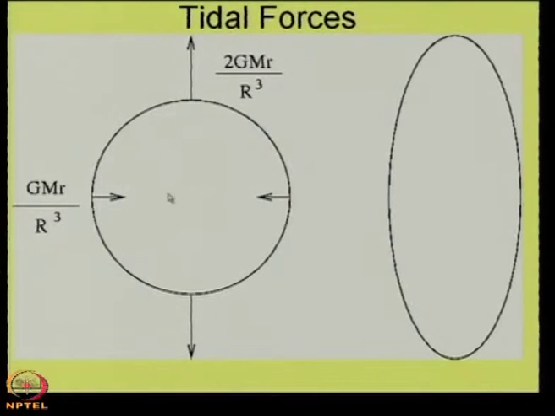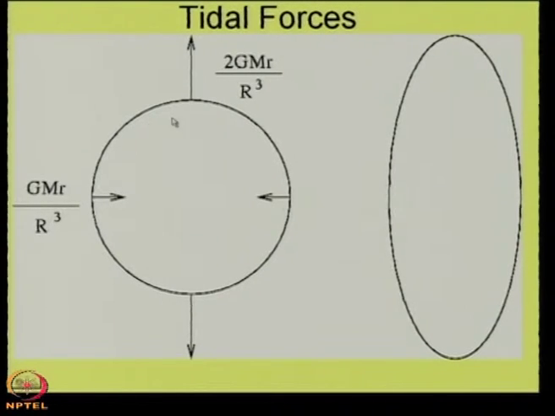There is a sphere like this, or you can think of particles in a circle or a sphere like this, and they are falling freely in the gravitational field of a massive object which is located somewhere straight down.